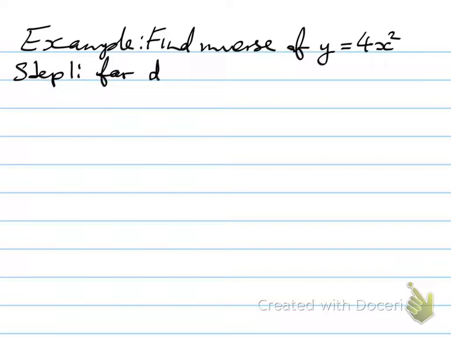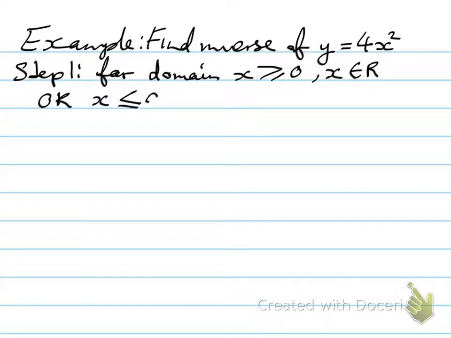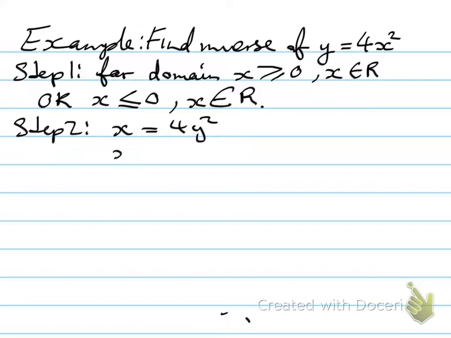Now it has to be a function. So step number 1, for the domain of the function y is equal to 4x squared, we introduce a restriction, either x is greater than 0 or x is less than 0, where x is an element of the real numbers. You have to specify that restriction, right?